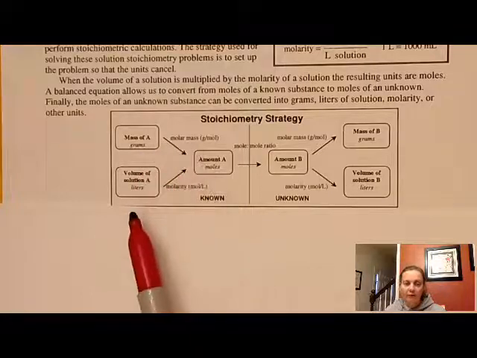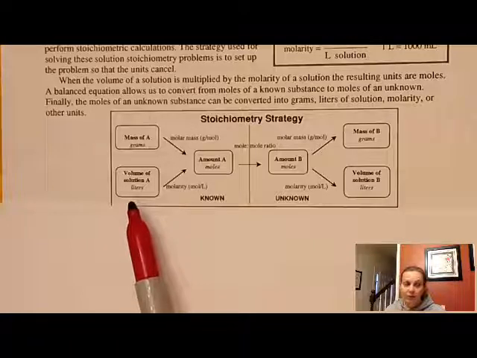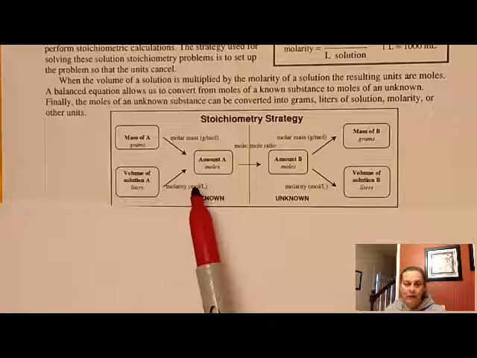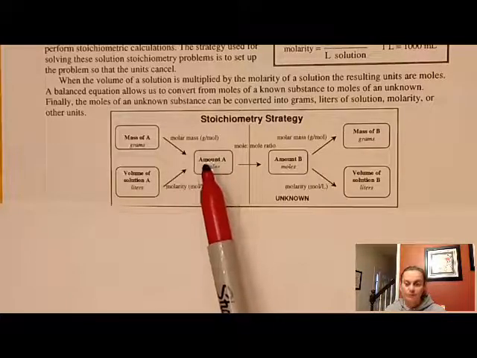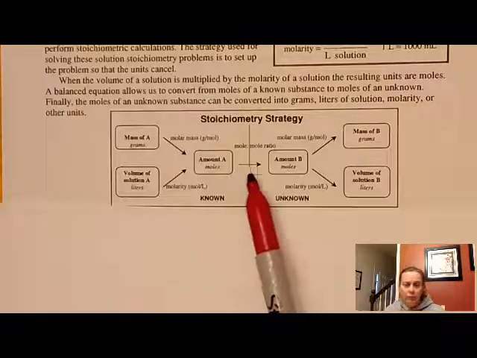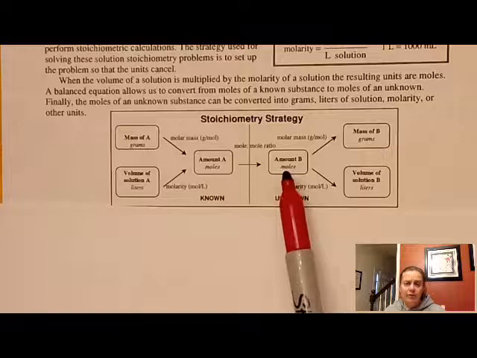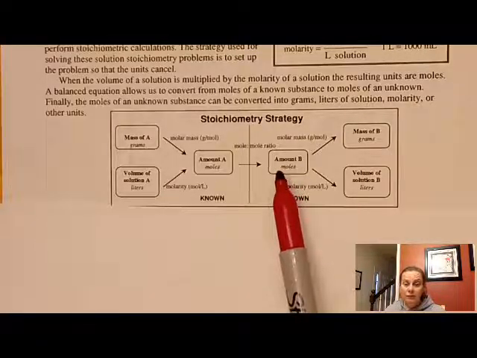When we have the volume of a solution, remember this is very different from the volume of a gas. For the volume of a solution, we're going to use molarity to convert from liters to moles. Then, just like any other stoichiometry problem, we use our mole to mole ratio from our balanced chemical equation to go from moles of one substance to moles of another substance.